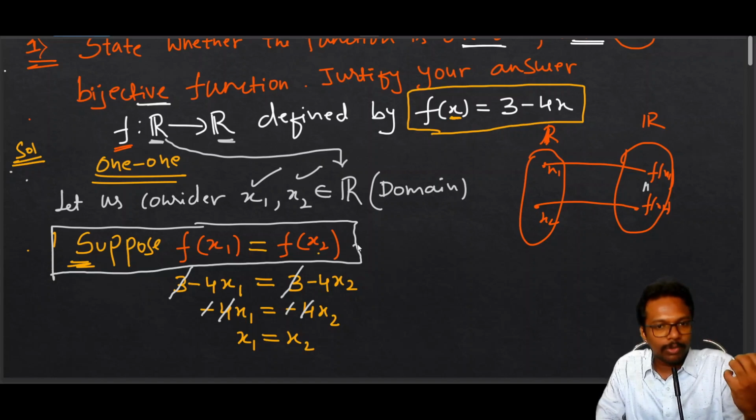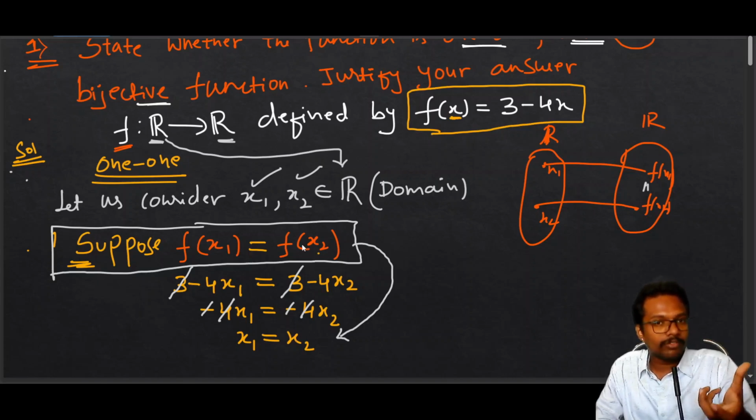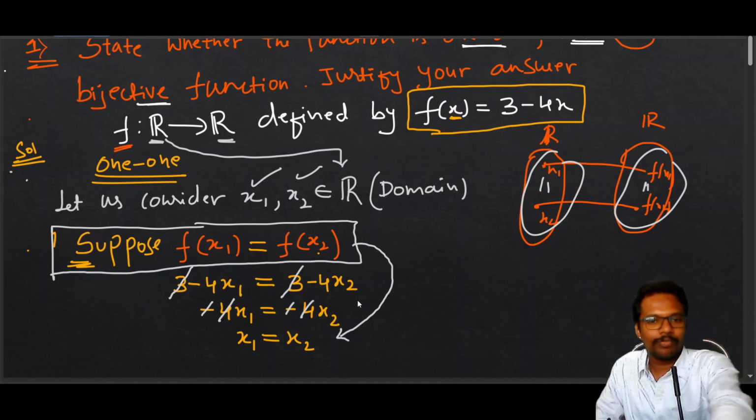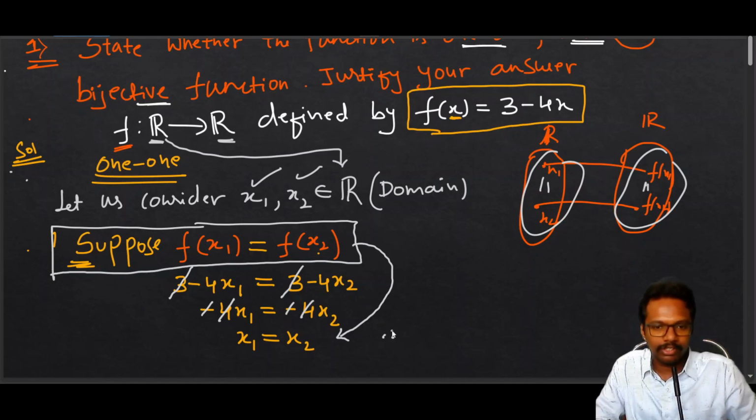After solving, I got x1 and x2 are also equal. x1 is related to f of x1 and x2 is related to f of x2. So if f of x1 and f of x2 become equal in the codomain, then x1 and x2 also become equal in the domain. Then it means the 1-1 relation is there. So here we can write: therefore, the given f is a 1-1 function.